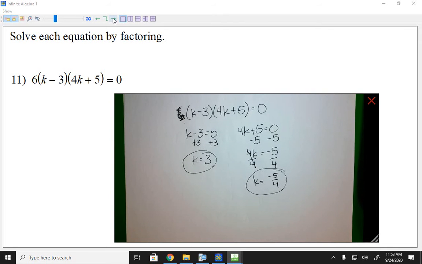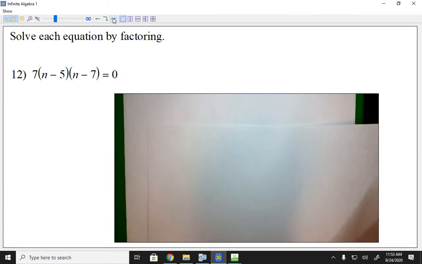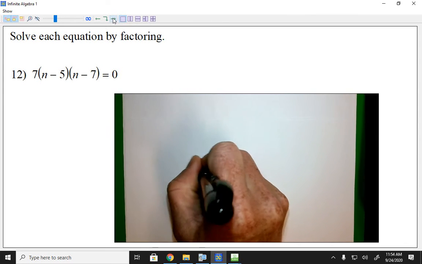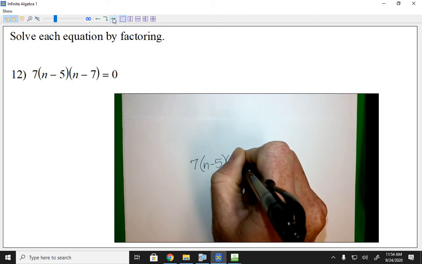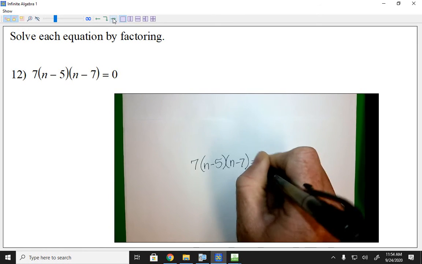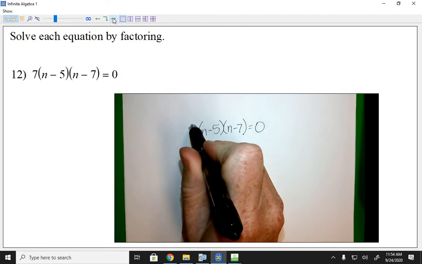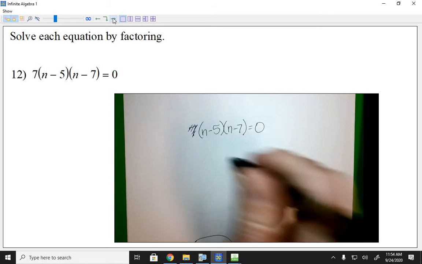So let's look at one more, because these are pretty simple. So once again, I have 7 times something times something equals 0. Okay, 7 will never be 0, so I don't really need to worry about that. Now, if it was 7n, it'd be different, but it's just 7.